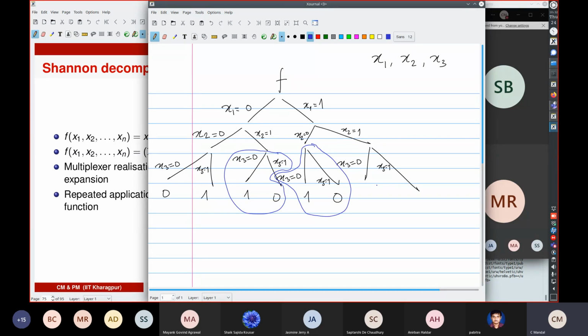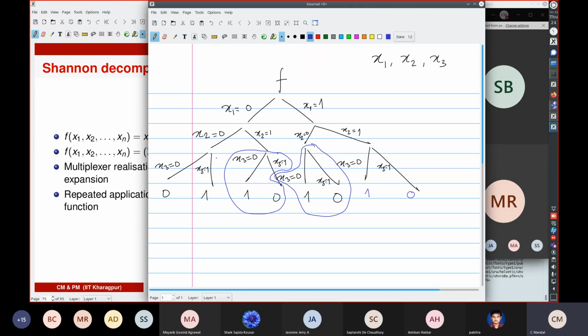We can just say that now these two are not identical, but these are complementary.